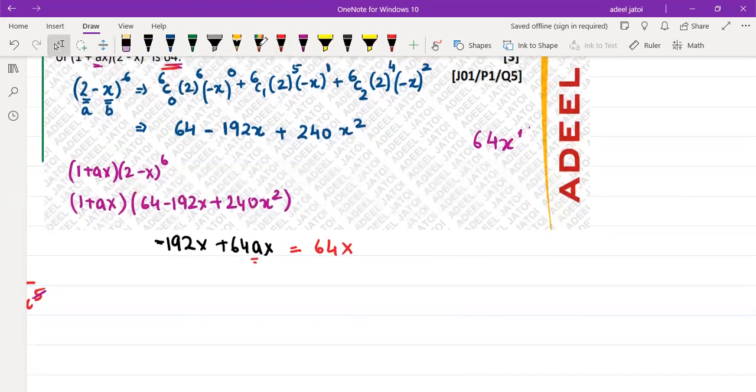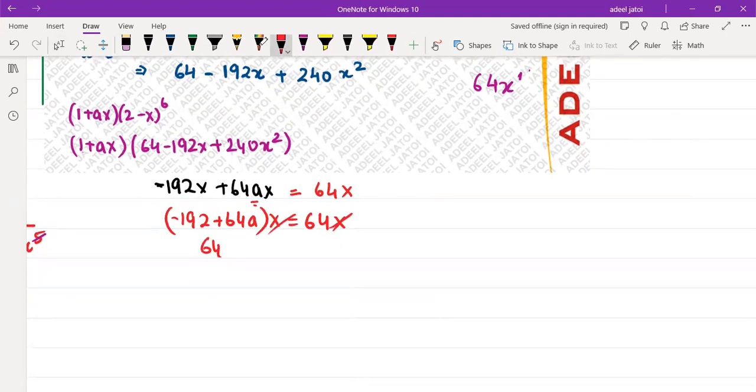If we continue this, minus 192 plus 64a, can I say x is equal to 64x? X and x is cancelled. So what are we left with? 64a is equal to 64 plus 192.